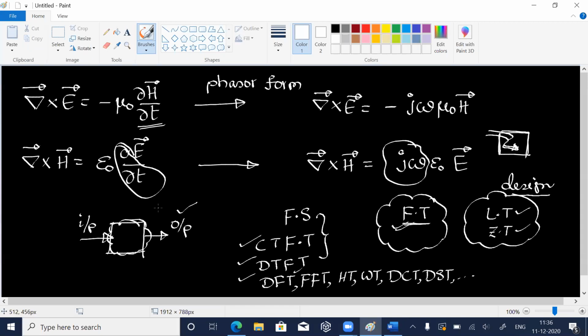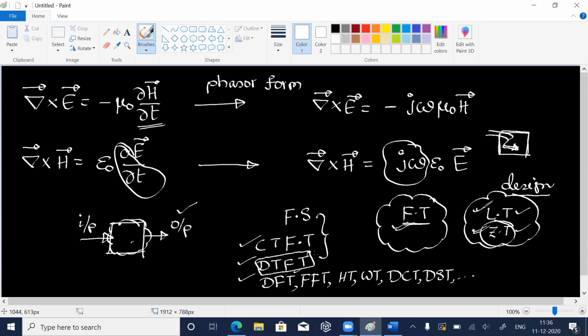And end of the day, I have to design a system and make it reality. If you want to make it reality in the continuous time case, go with the Laplace transform. If you want to make it reality in the discrete domain, go with the Z transform. Whatever is impossible in discrete time Fourier transformation is possible with the Z transform.